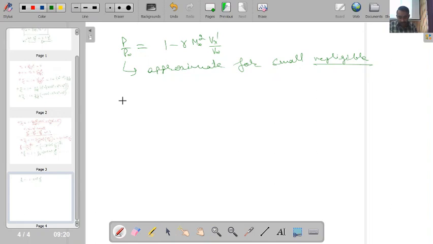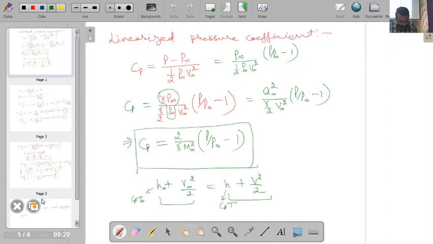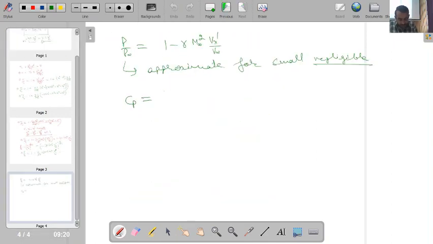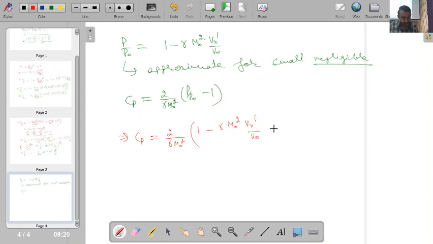Okay. So now I will go back to the definition of Cp. So definition of Cp is 2 by gamma M infinity square, and p by p infinity minus 1. So if I substitute over here, then my Cp will become 2 by gamma M infinity square, and p by p infinity is 1 minus gamma M infinity square into Vx dash by V infinity, and this minus 1 is also there.